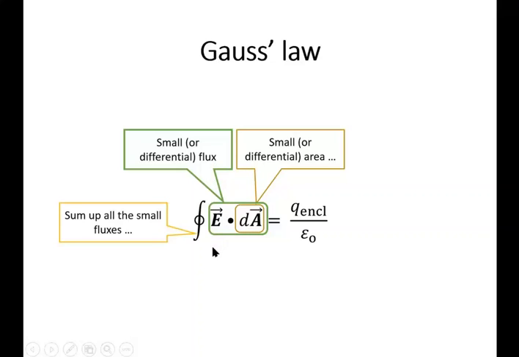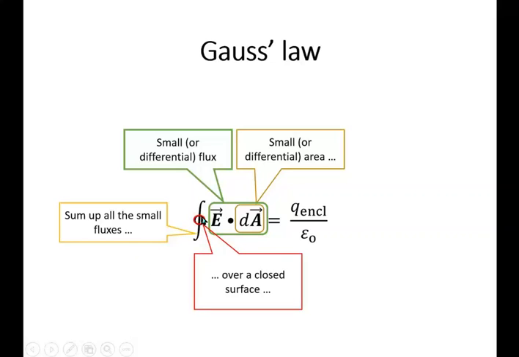Then we can do the same for every small area: every small area multiplied by the field. And this sign here, the integral sign, says that we should add all the small fluxes that we've calculated. We calculate all the fluxes and make them ready, and this sign tells us to sum them up.